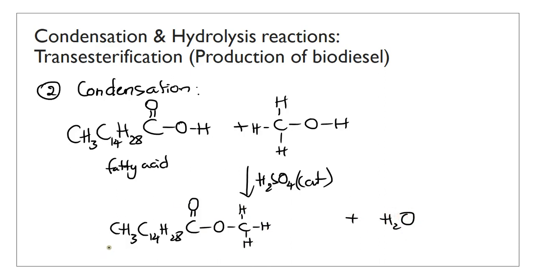So this molecule is a methyl ester, so it's an ester that has methanol as the alcohol counterpart. The acid part varies depending on which fat or oil you use, but this is biodiesel. So that's trans-esterification. It's basically a hydrolysis followed by a condensation reaction.